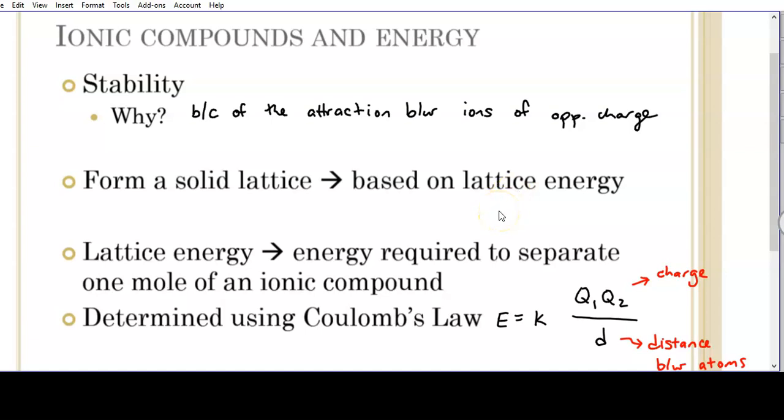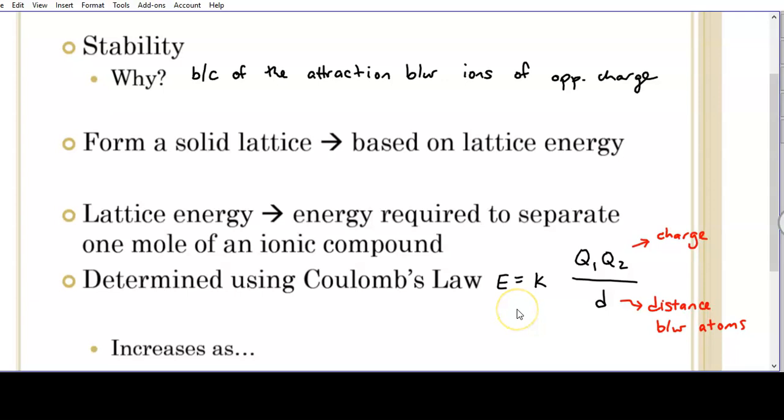This lattice energy is officially defined as the energy required to separate 1 mole of an ionic compound into its components. It is determined using Coulomb's law, which is a physics law that I have written there in black for you. It is energy equals K, a constant, times Q, the charge of your ions, divided by the distance between the atoms.